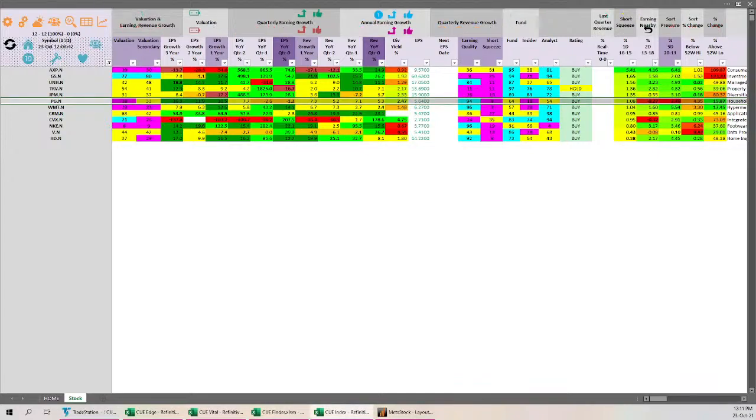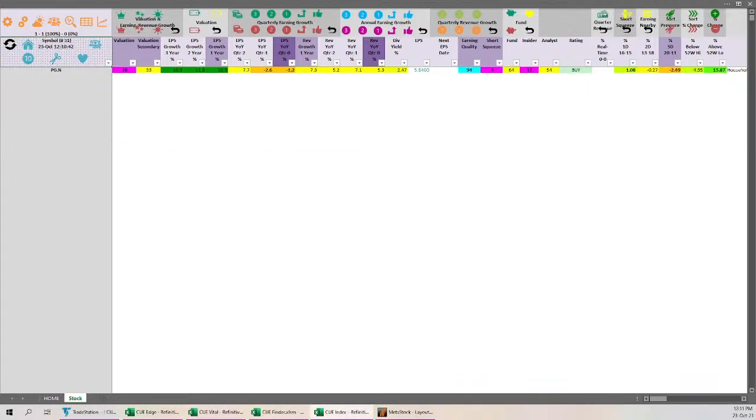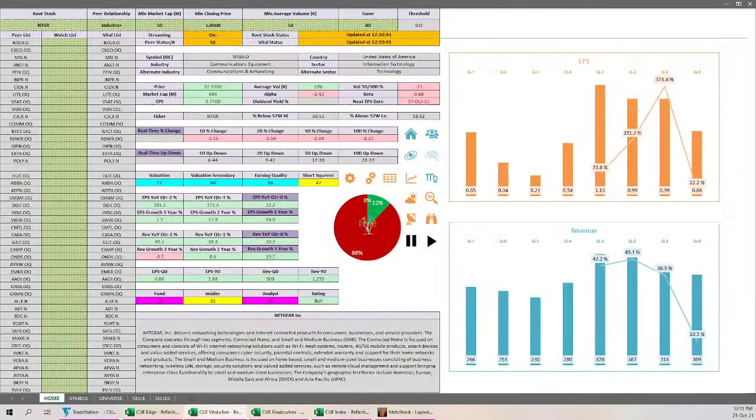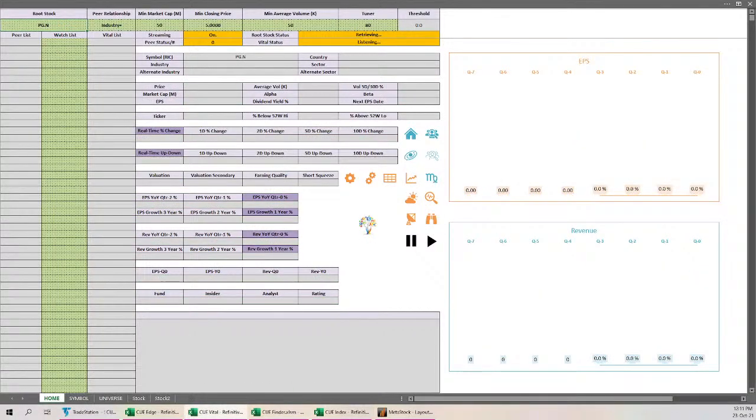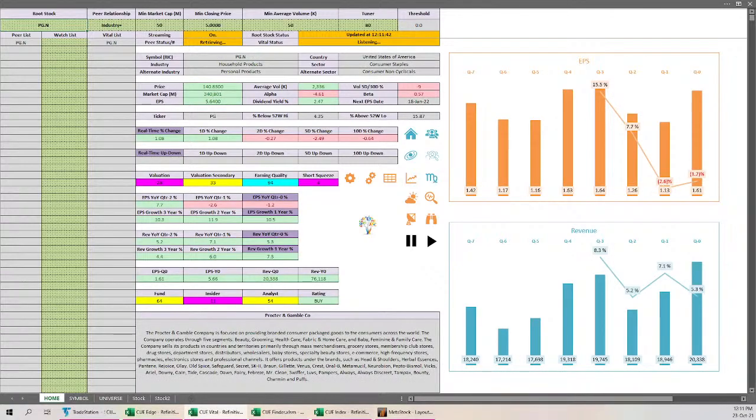We could read it out from the table, but using Q Vital is also possible. We want to look at the single page fundamental view. Fundamentally not strong. Overvalued stock with negative earnings growth.